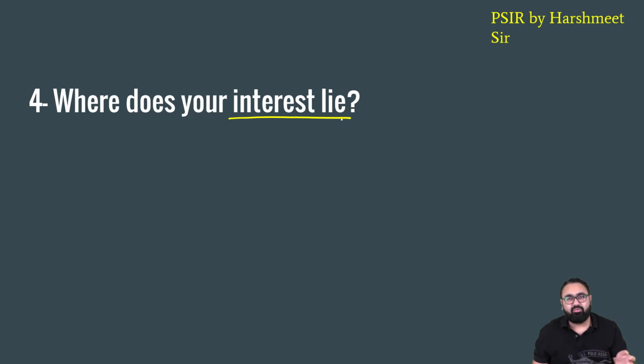The reason why I have given this as point number 4 and not point number 1, as many people would actually indicate, is that yes, you have to study optional in a lot of detail. Please understand, whichever optional you choose, no optional can be studied with just one book. Each and every optional will demand multiple books to be read.